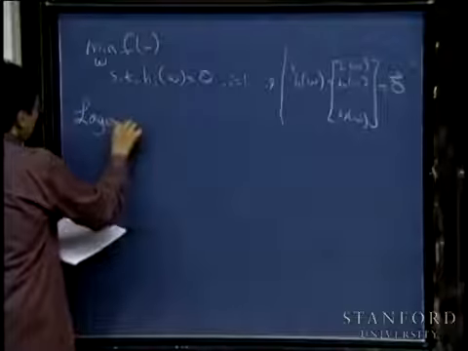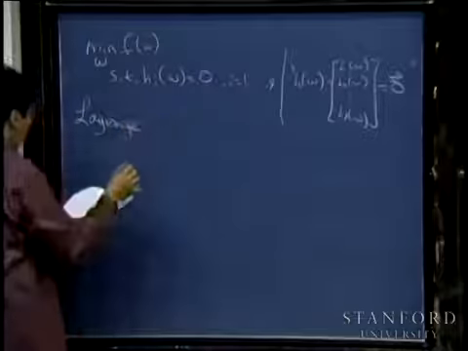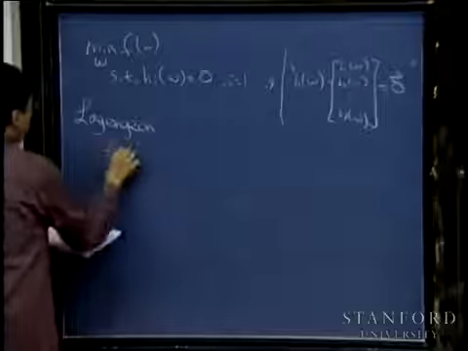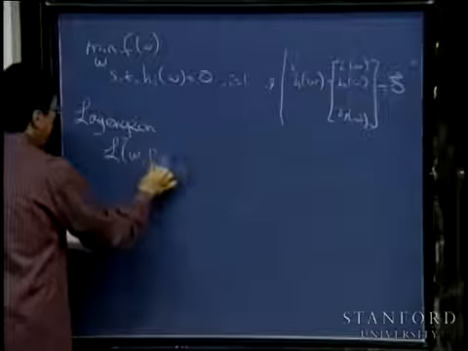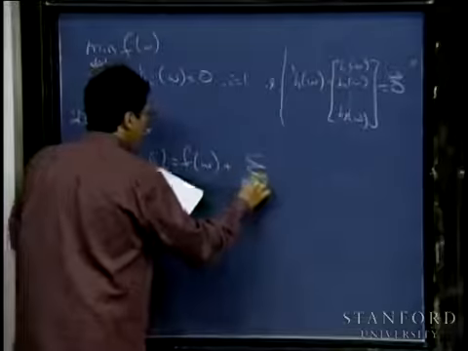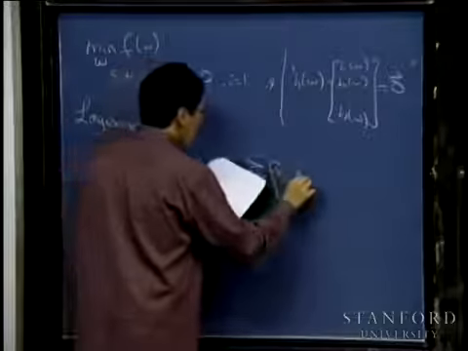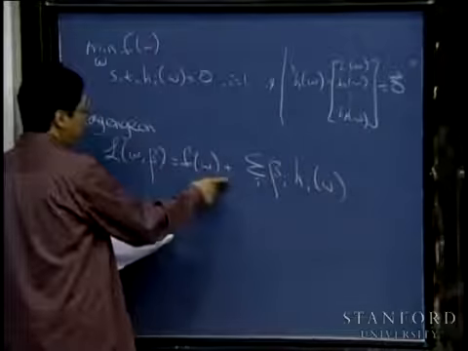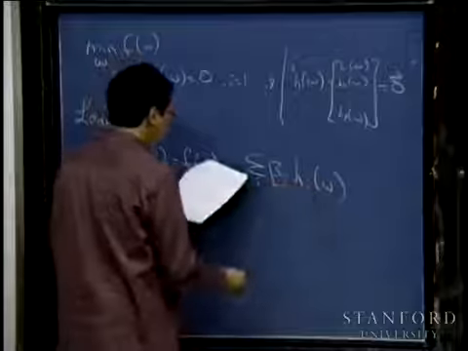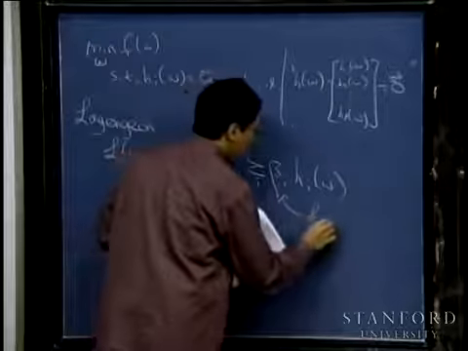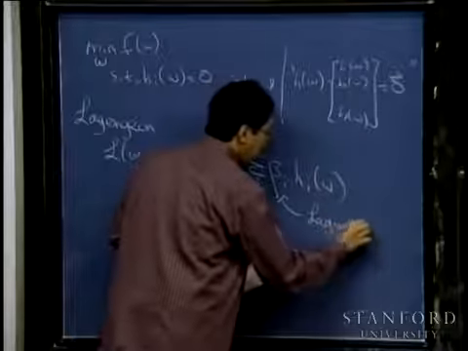Some of you have seen the method of Lagrange multipliers where you construct what's called a Lagrangian, right? Which is your original optimization objective plus the sum over i of Lagrange multipliers times constraints. And these parameters beta_i we call the Lagrange multipliers.